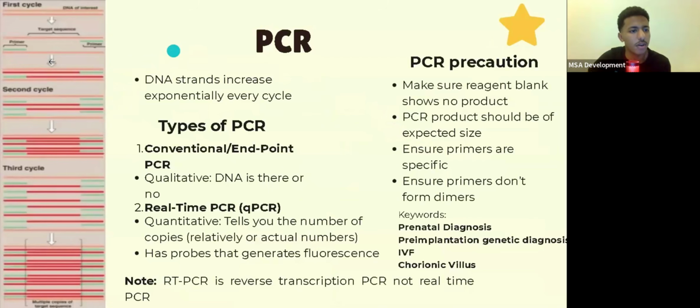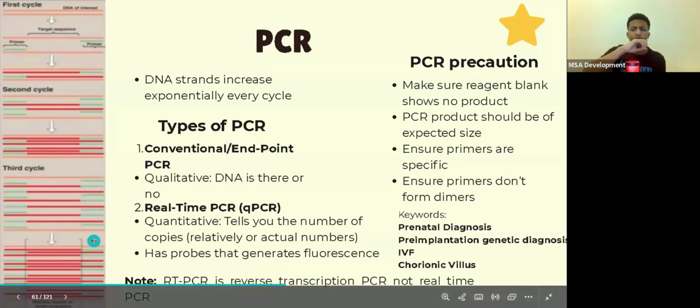Now, we can see over here that with PCR, the DNA strands increase exponentially every cycle. So if you start with 2, you're going to have 4 at the end of the second cycle, and then 8, 16, 32, okay? That's an idea you should just get from PCR.